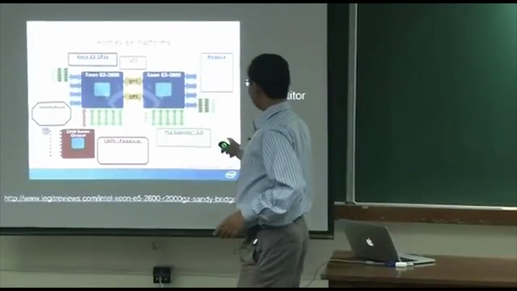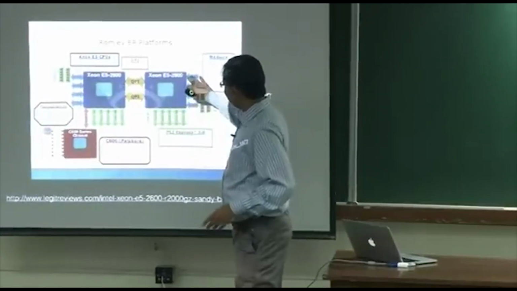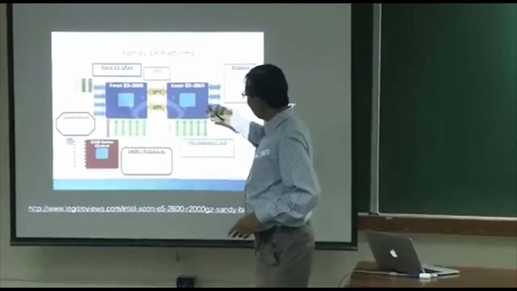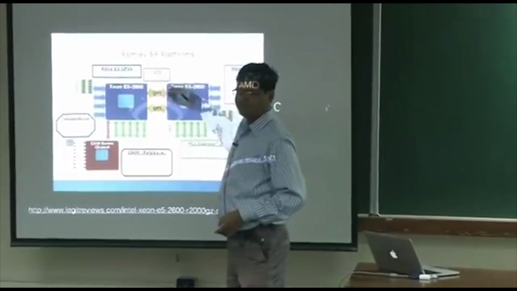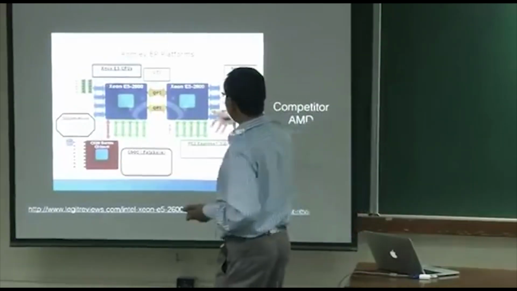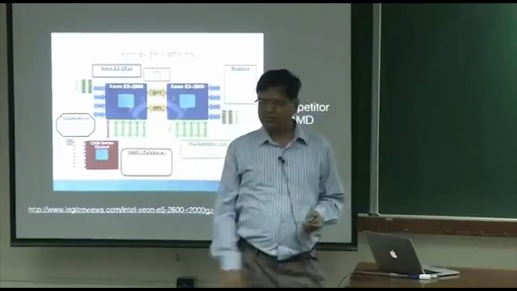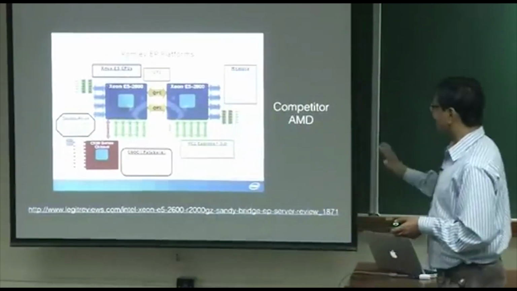This CPU is connected to this RAM, but they talk with each other with this interface. We also have PCI connecting to other hardware like hard disk. This is the present design.